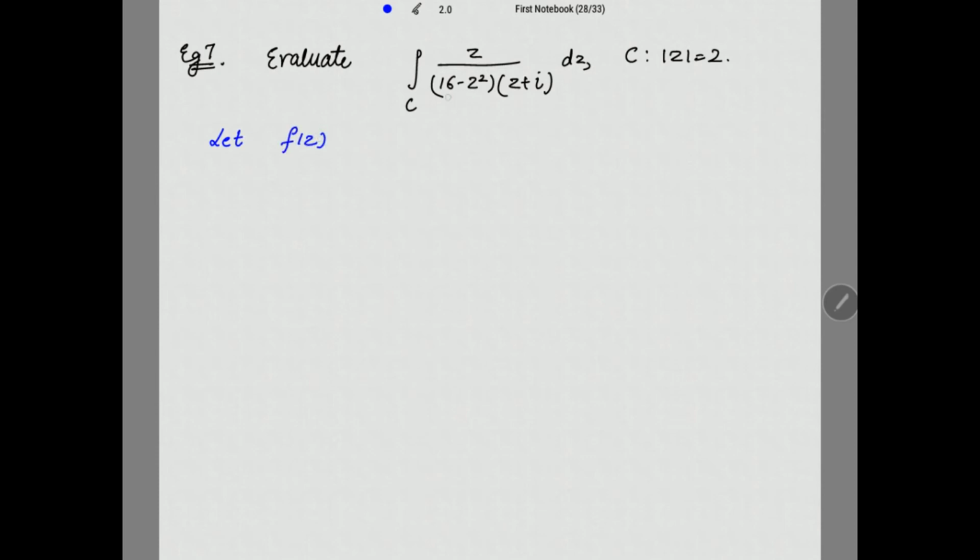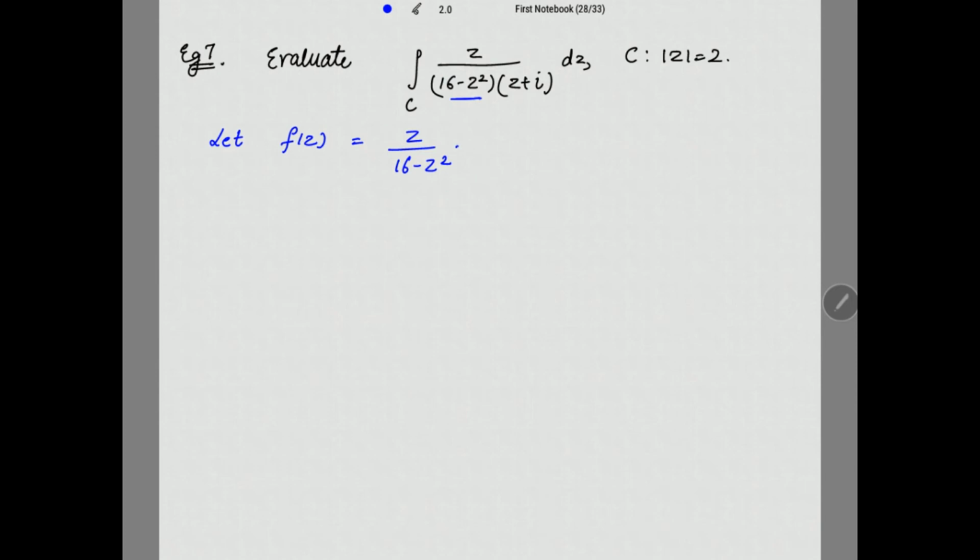Because we are not using this denominator, you take your f of z to be z over 16 minus z square. This thing is very important: the points which lie outside the circle, include that denominator with your f of z.